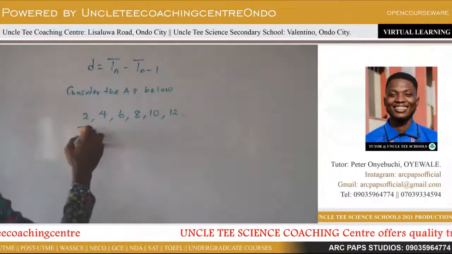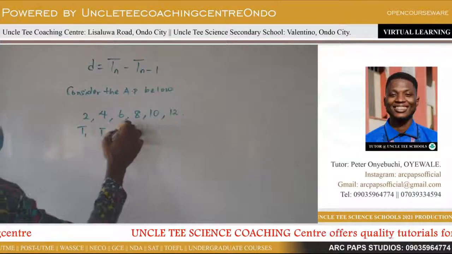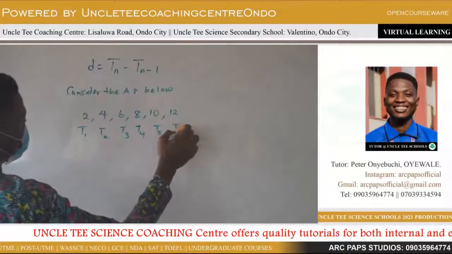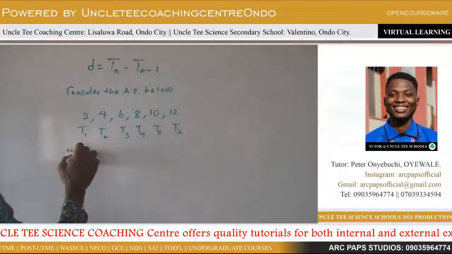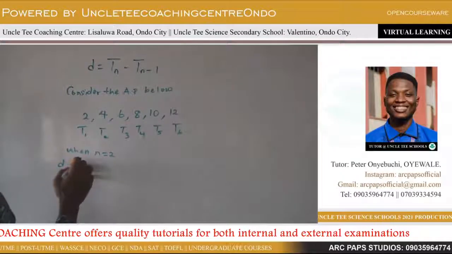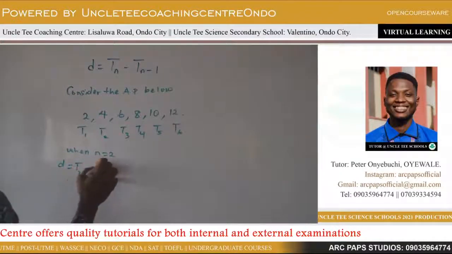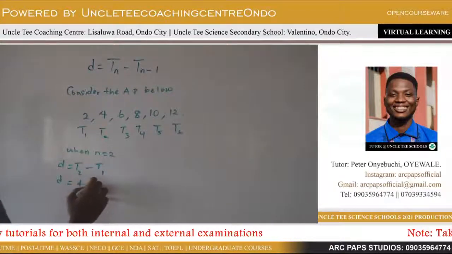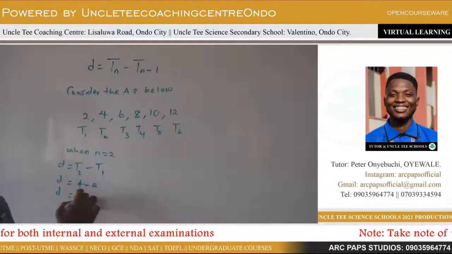Now 2 is our T1, 4 is our T2, 6 is our T3, 8 is our T4, down to 12, which is our T6. Now when n is equal to 2, our common difference will give us T2 minus T1. Our T2 is 4 minus 2, our common difference will be 2.